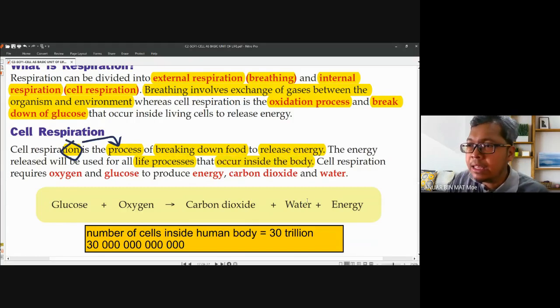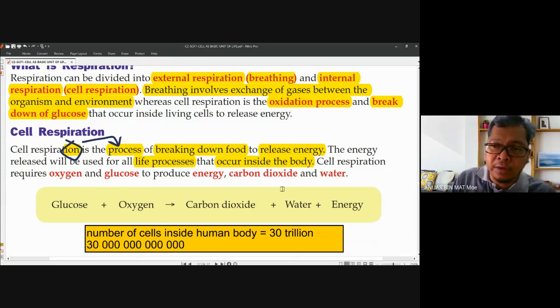You still remember, how many types of cells are there inside humans? There are 6 types of cells, and each cell needs to do its specific function. In order for the cells to do their specific function, they need to do cell respiration.